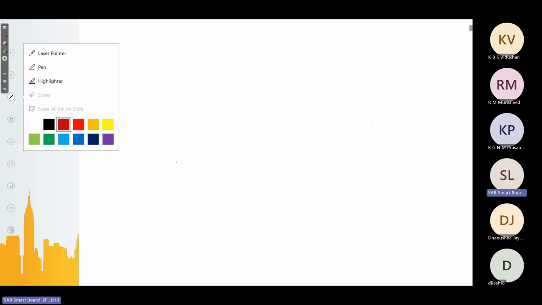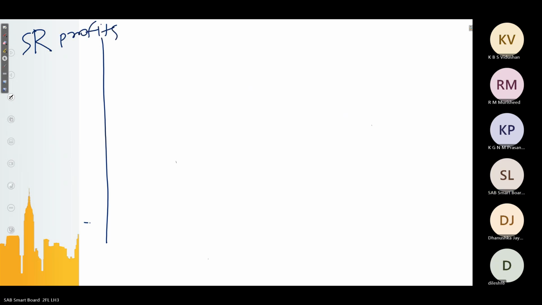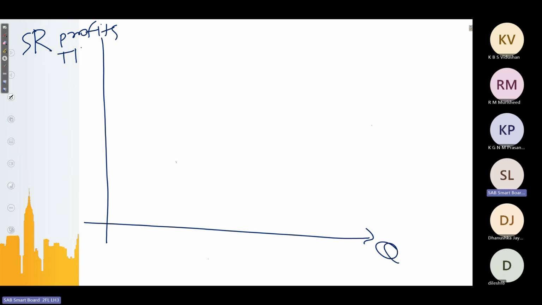So we will focus on the short run profits, okay? We put output on the horizontal axis and total revenue and total cost on the vertical axis.